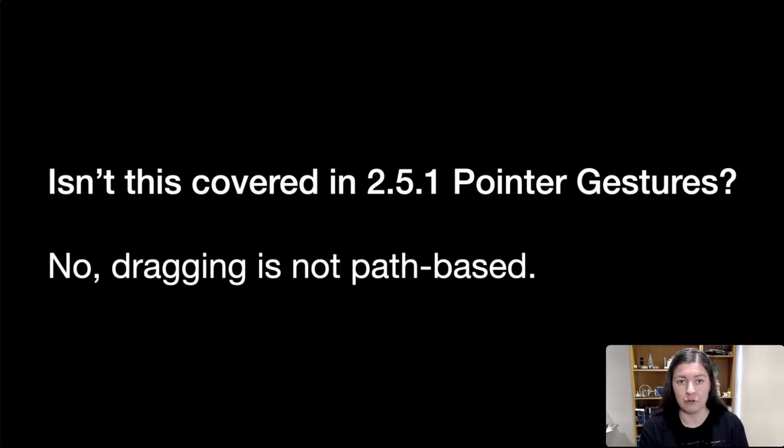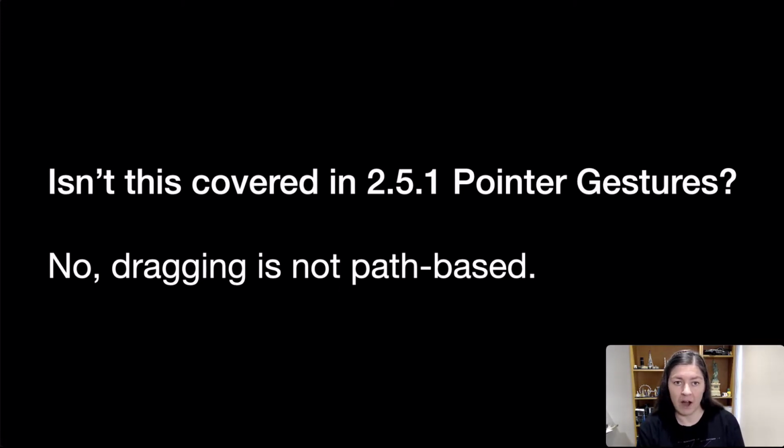And by path-based movements, I mean that when moving from point A to point B, the path in between takes a specific route. There's a specific direction that needs to be covered.